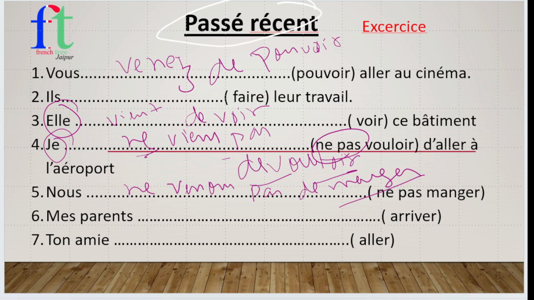Is it possible to have the same tense with reflexive verbs? Yes, it is possible. So where can the reflexive pronoun come? After the main verb, for example, venir, then de, and then the reflexive verb.